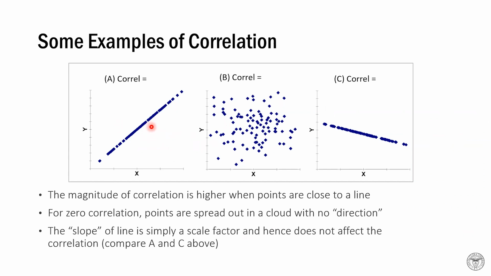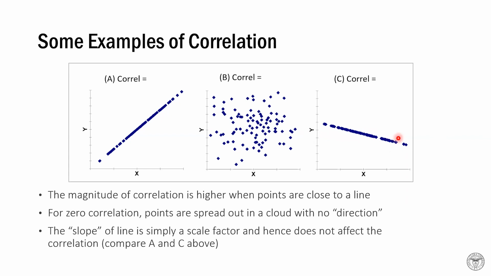It means the correlation is very strong, right? In chart B, there's 0 correlation, so you cannot see a strong pattern or relationship between X and Y. And in chart C, the correlation is perfectly -1. It's also very strong, but in a negative way.